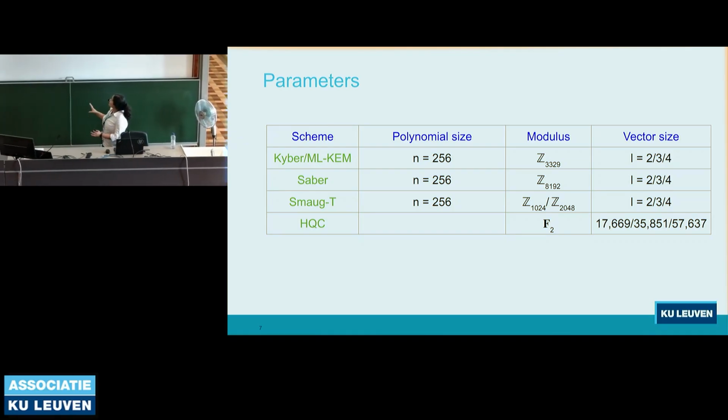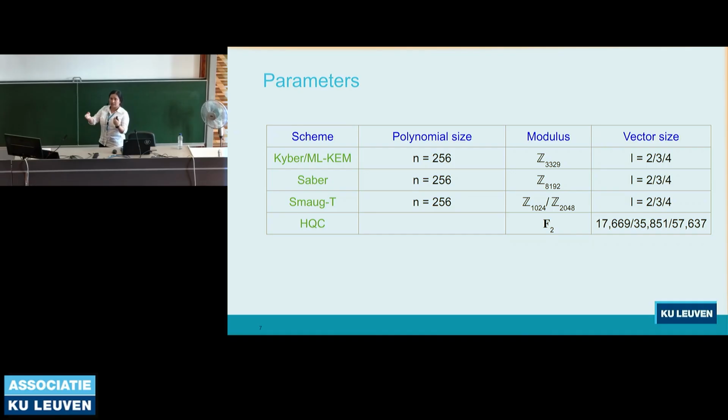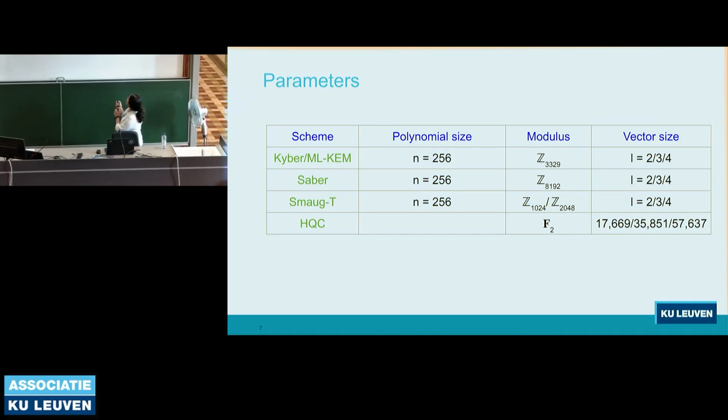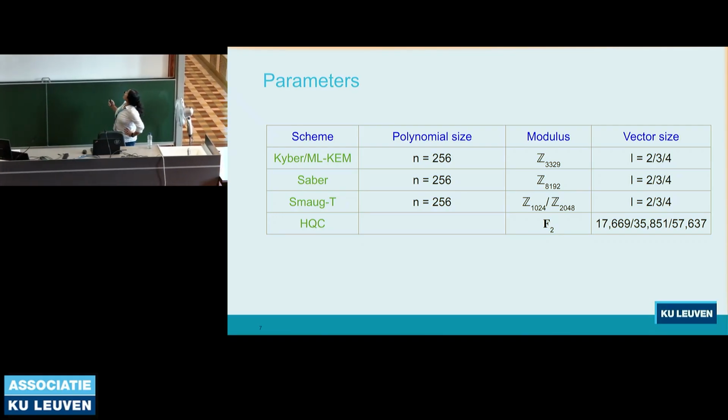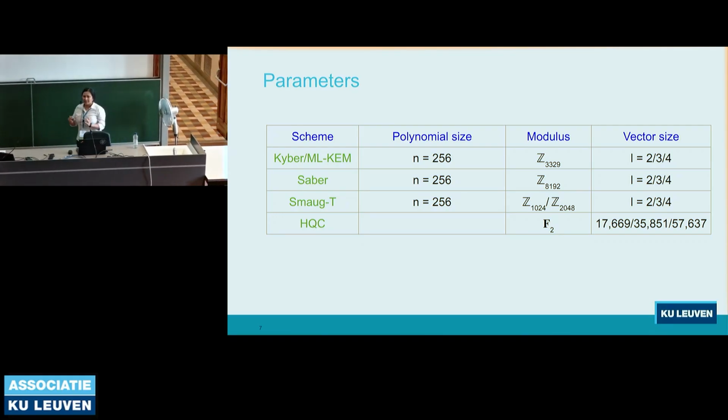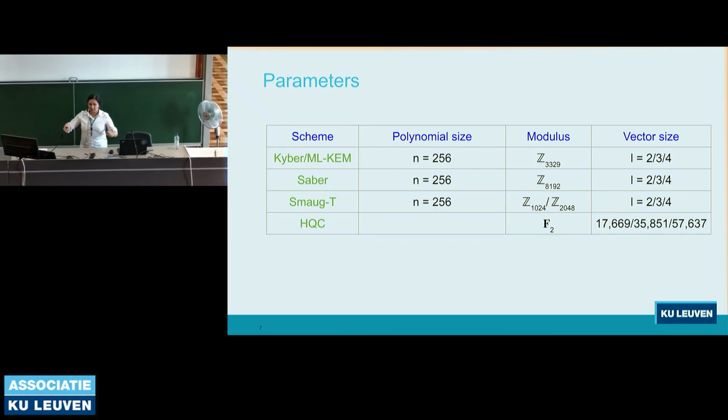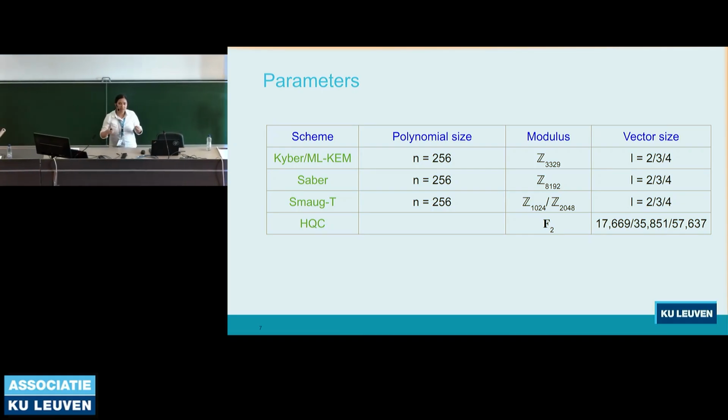There, the parameter size is: we have polynomials with 256 coefficients, a modulus of 3329, and a vector length. So here we do multiple polynomial multiplications. It depends on the vector, because we do vector multiplication. We have some matrix, and we do matrix-vector multiplication. But the unit operation in the vector multiplication or matrix-vector multiplication is polynomial multiplication.